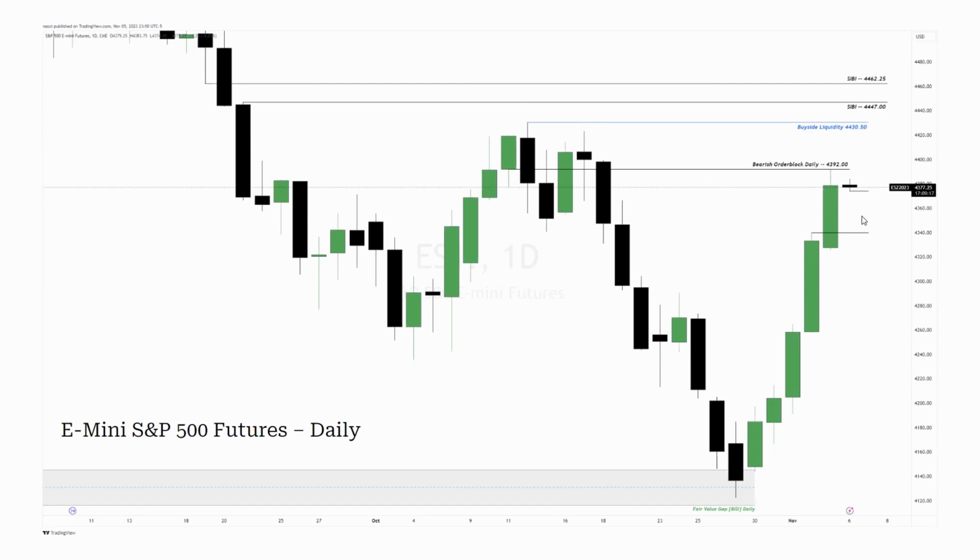This is a newer range. This candle hasn't closed yet. However, overnight, I expect them to run it a little lower, then higher into buy side liquidity, consolidating inside this sell side imbalance, buy side efficiency here.